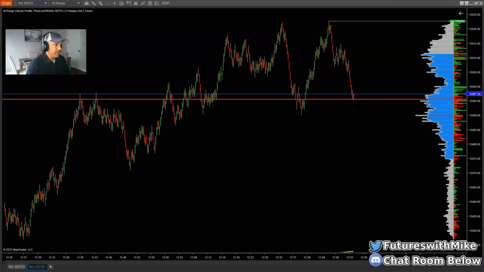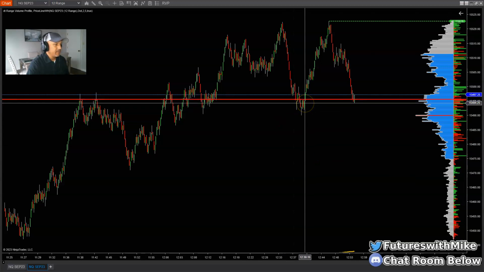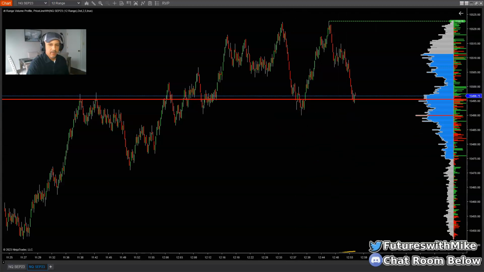We'll see. I don't know if I'm going to take this trade, guys, to be honest with you. There's not much opportunity that I see in taking this long entry here. This is a demand zone right here, but I really don't like it.